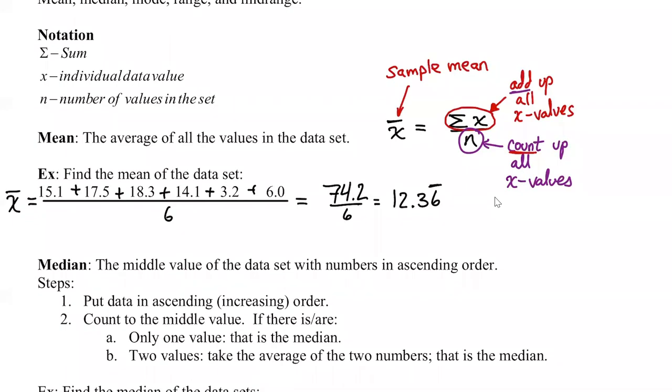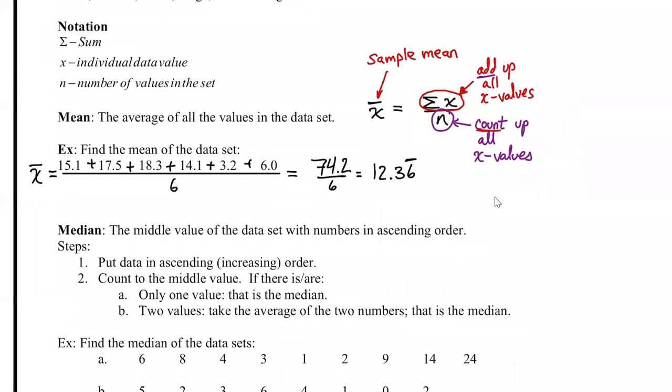Something just crapped out. Median is the middle value of the data set with the numbers in ascending order. There are a couple of ways you can handle something like this. Let me pause the video real quick. The short answer is it depends.